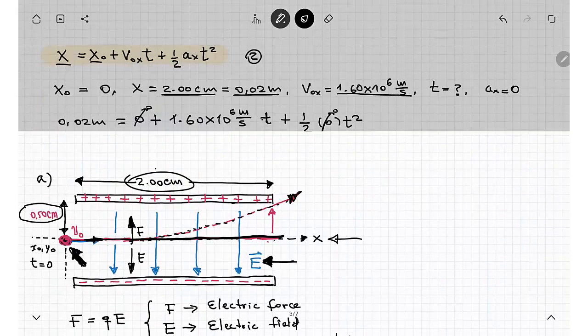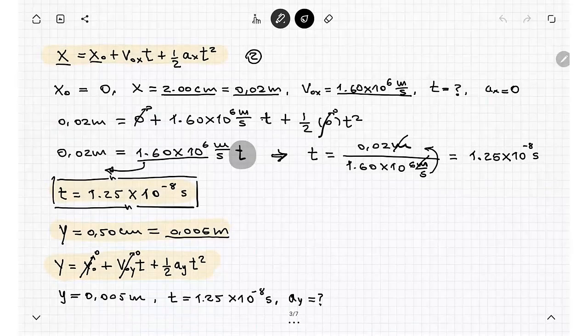That's the point of this problem. Then this equation is going to be something like this: y equal to 1/2 of the acceleration multiplying the time squared.